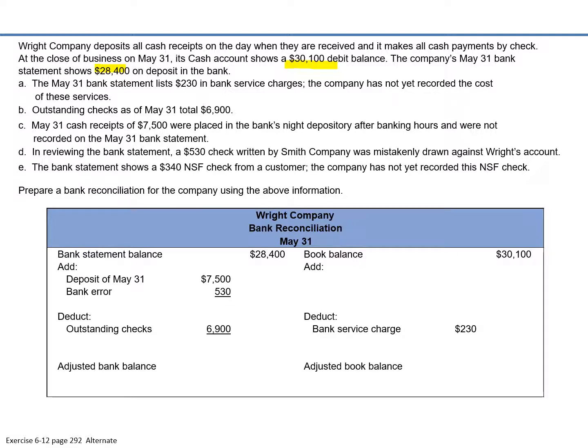So the bank error, we need to add $530. And then there's an NSF from a customer, and we got a fee for that. So we need to reduce our book balance by $340. So add them all up, and we should balance, and we do.